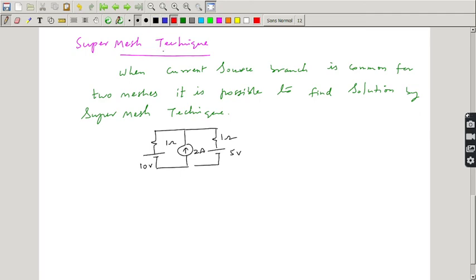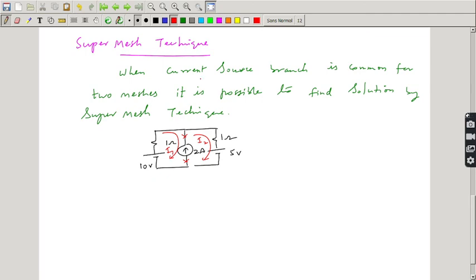There are two loops: loop 1 with current I1, and loop 2 with current I2. By observation, the 2 amps current source is connected in between, so it is a common current source. So I can solve this using the super mesh technique.